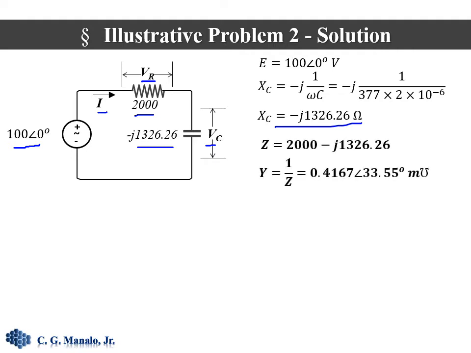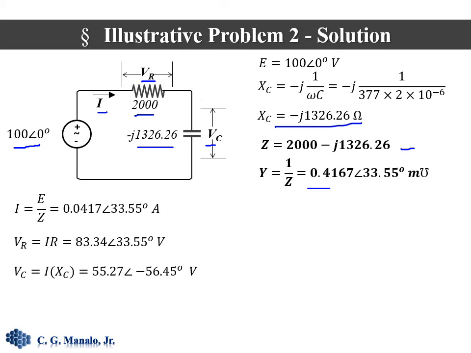Next we compute the impedance in rectangular form. You could also compute this in polar form if you wish. The reciprocal of that would give you the admittance.